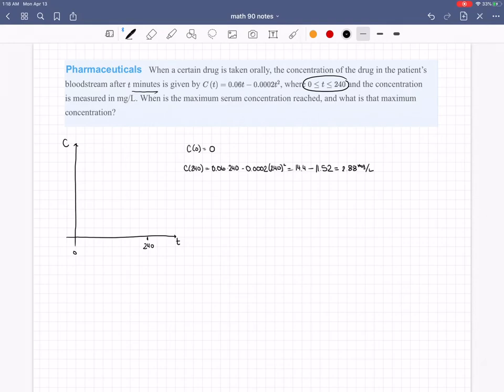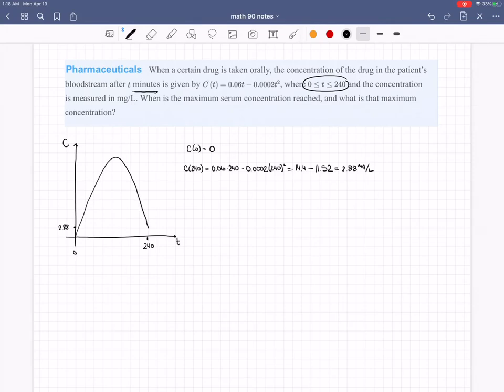So what we're going to see here, because this is a quadratic function, is a parabolic shape. Notice that the leading coefficient, which is the t-squared coefficient, is negative, which means our parabola is going to be opening downward. So it's going to look something like this. I'm going to totally fudge this. I'm not going to worry too much about the specifics. So it's going to go up, up, up. Somewhere it's going to peak.